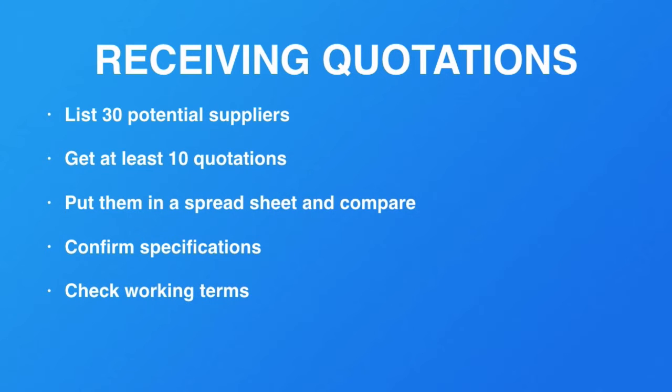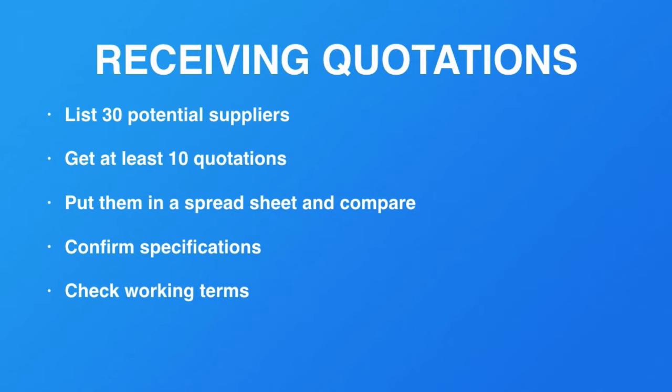And check the working terms. We'll go in depth on the different Incoterms, but make sure that you check the working terms with the suppliers before you make the judgment. It's very different, right, when someone tells you that the price is FOB versus EXW.